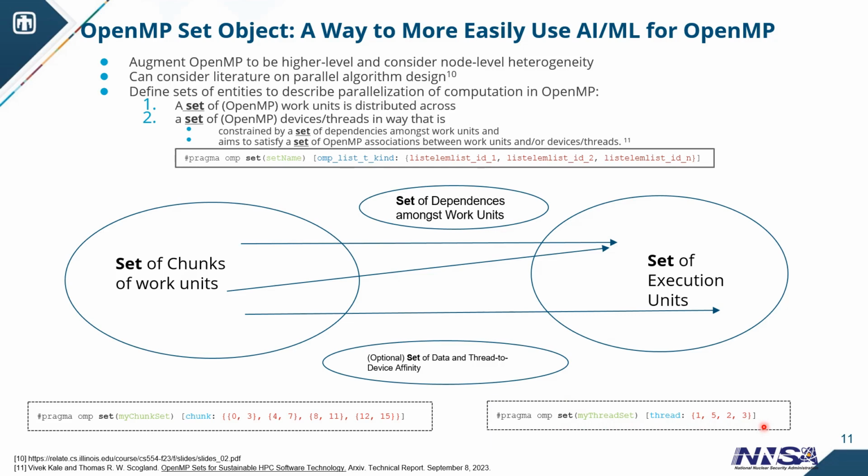In addition, you can define associations between these two sets. For example, a schedule that you want to define yourself. And this can be in the form of a user-defined schedule.